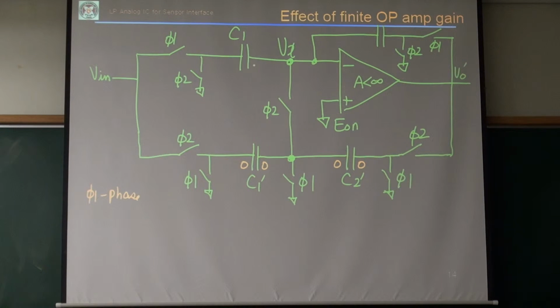So this charge will be, at the end of phase 2, the charge there is C1 times (Vx minus V in). The charge here is C2 times (Vx minus Vo).